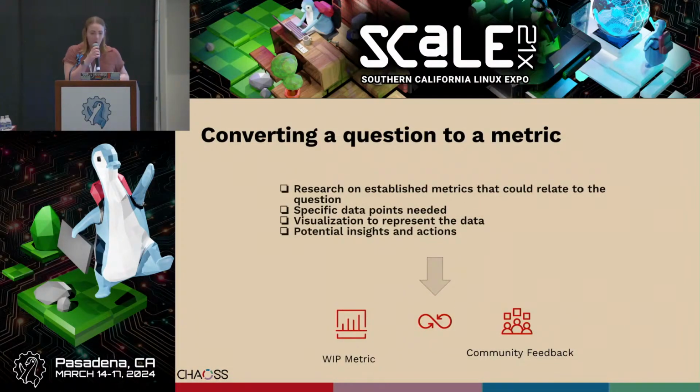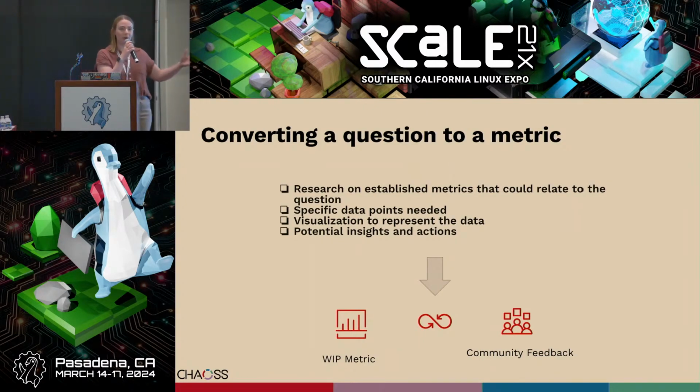Once you start getting that initial question, then you can start converting that question to a metric. The first thing that I personally like to do whenever I start to ask a question is look at the research on the established metrics already. That's what CHAOSS does really well, gathering all the different metrics that people have talked about.